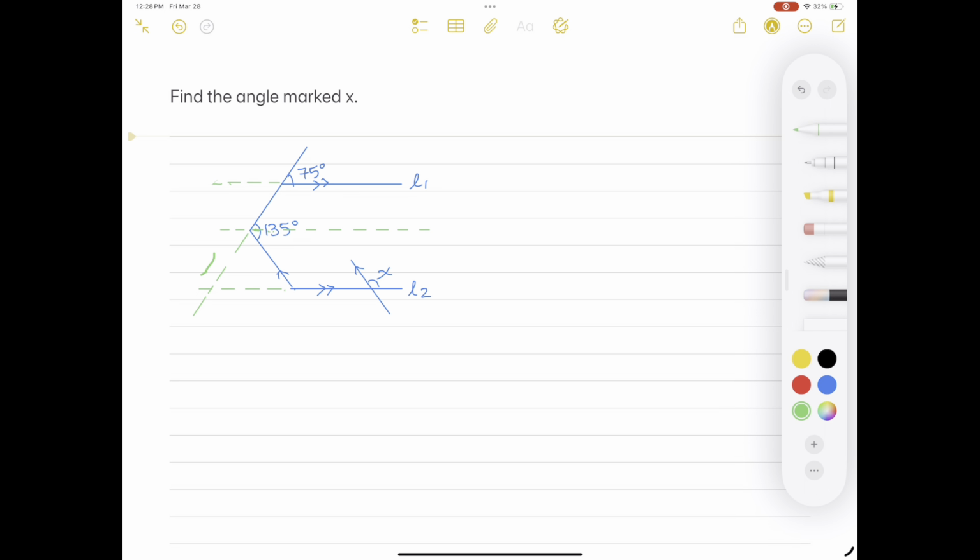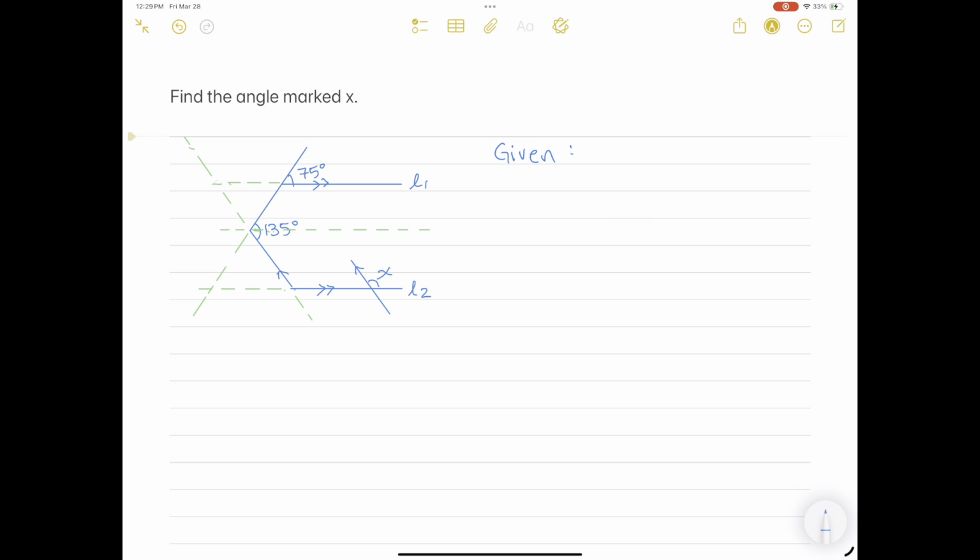So now I have set up the parallel lines along with the transversals, so that now I am ready to start solving the problem. So I make note that it is given, based on the arrows on the lines, that line 1 is parallel to line 2, because they both have 2 arrows on their lines.